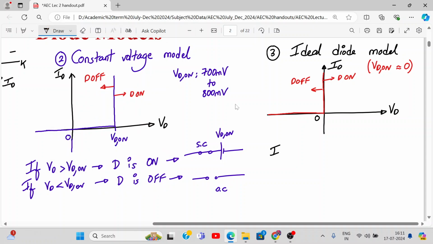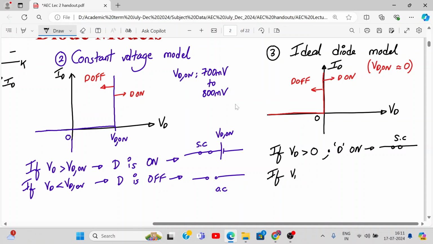So your modified equation is if Vd applied voltage is greater than 0, your diode is on. Yes, diode D is on and it is replaced with a short circuit. No battery required.